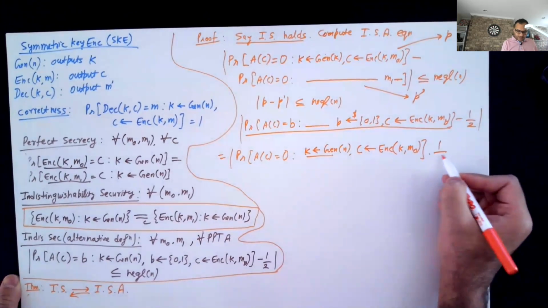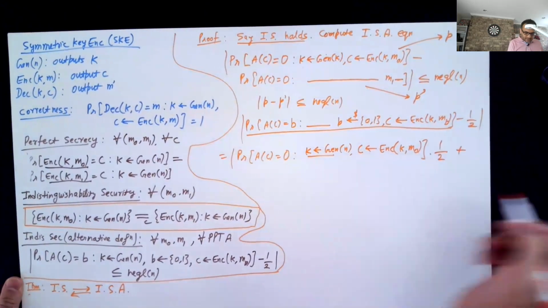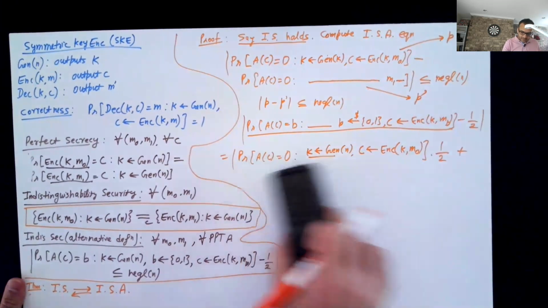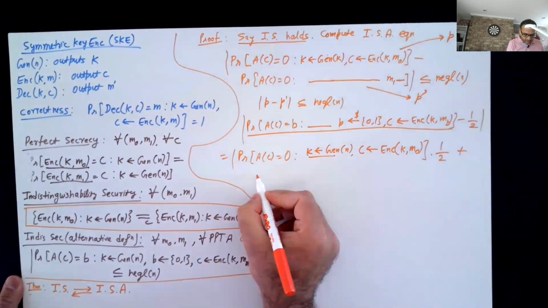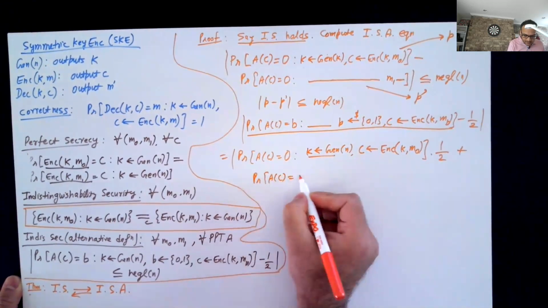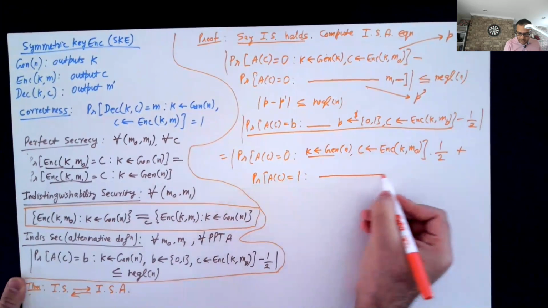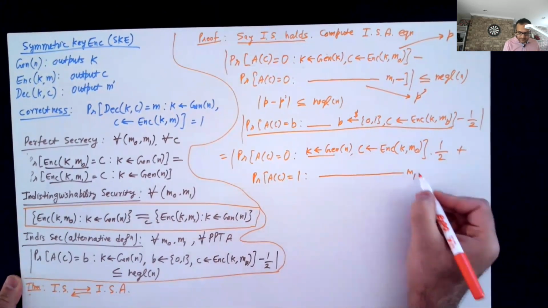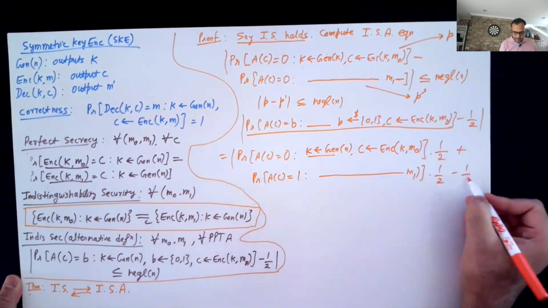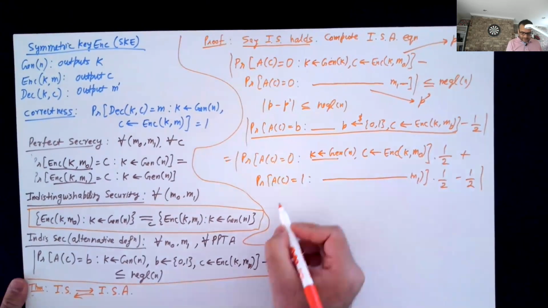So this is just half, plus now we are looking at the probability that A of C equals 1 and you encrypted M1, times half, minus half. That's what we are interested in.